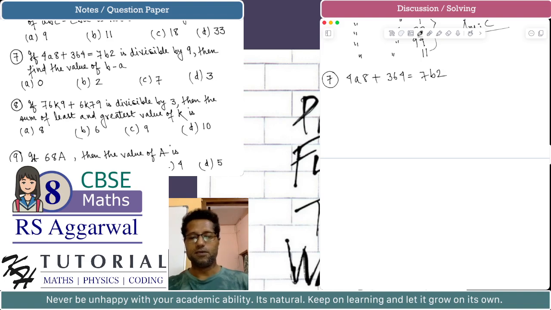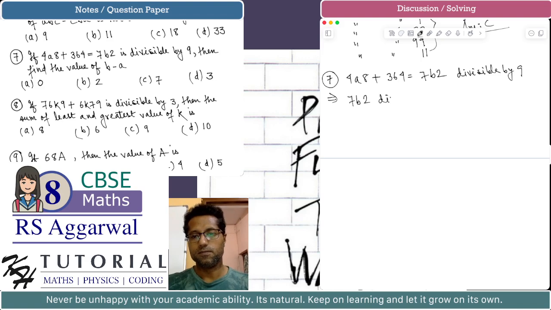It is given that this number 7B2, which is equal to 4A8 plus 364, is divisible by 9. So this implies that the number 7B2 is divisible by 9.